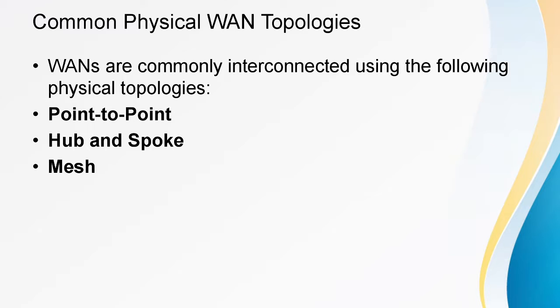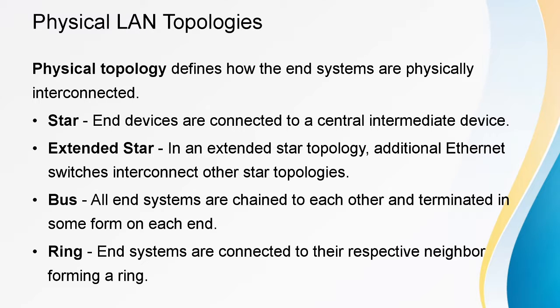Common physical WAN topologies. WANs are commonly interconnected using the following physical topologies: point-to-point, hub-and-spoke, mesh. Physical LAN topologies define how the end systems are physically interconnected. First is the star. End devices are connected to a central intermediate device.